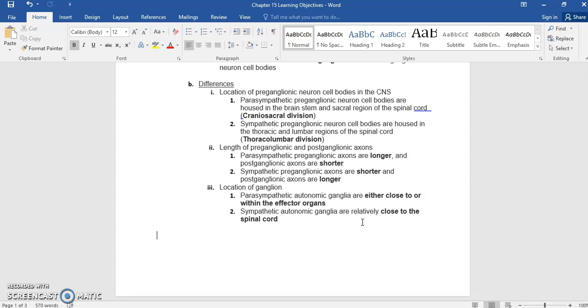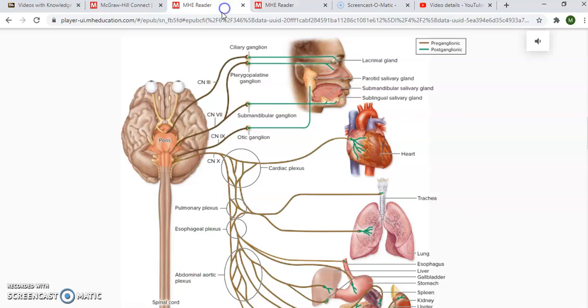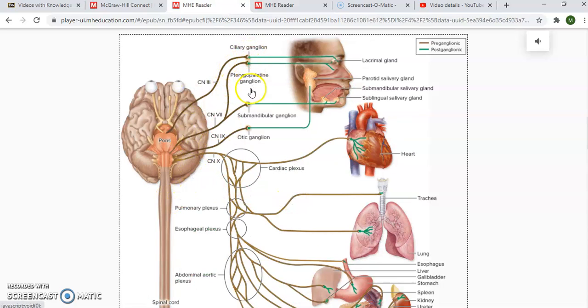And then our third anatomical difference is the location of the ganglion. You can kind of guess the location of the ganglion based on the length of the pre- and postganglionic motor neurons. If we go back to our parasympathetic, remember, these are the ganglion, and there's ganglion there. These autonomic ganglion for the parasympathetic nervous system are relatively close to the effectors.